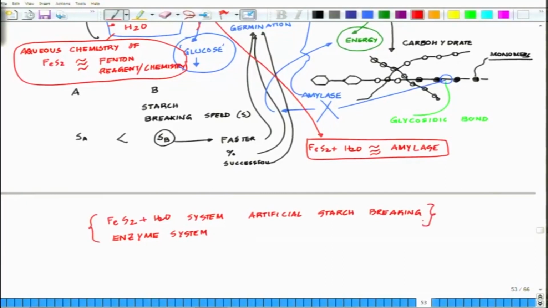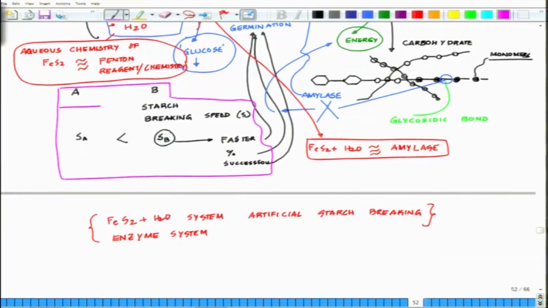So, now let me get back to that example that I gave you here. I am just underlining this in pink. Now, you have A and B, and B has a higher starch breaking speed. So, automatically B will be performing faster and will be more successful.